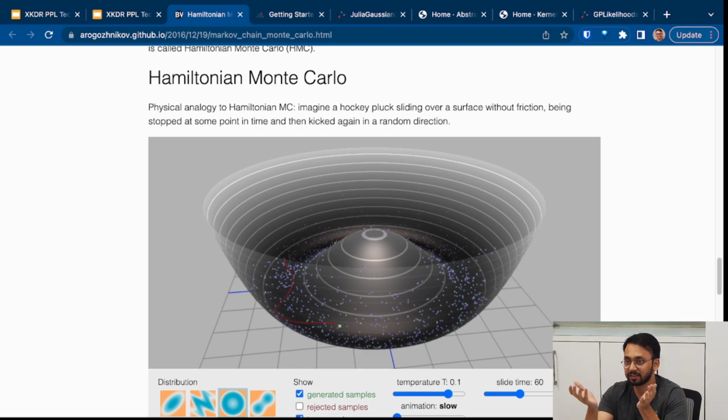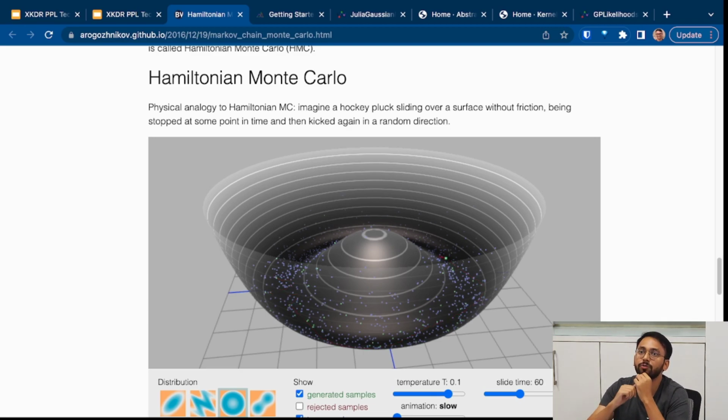You essentially consider the terrain of probability as a physical terrain, and you can consider the current point as a ball, and you basically kick the ball in a random direction with some random velocity. This way, you can be more certain that you will reach far off places with good or more likely posterior samples. So this is computationally way more intensive, but it is found to converge with fewer samples because the quality of samples is better.